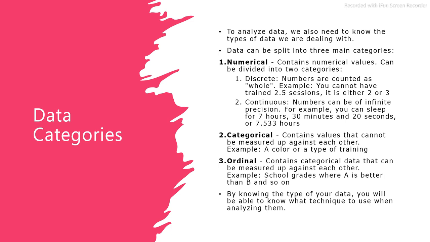A grade is better than B grade, B grade is better than C grade, C grade is better than D grade. That kind of relationship is not there in categorical data, but in ordinal data it will be there. These are the three kinds of data we mostly handle in data science and machine learning.